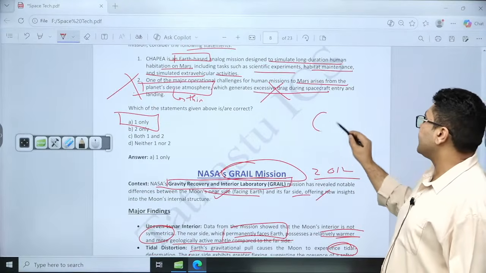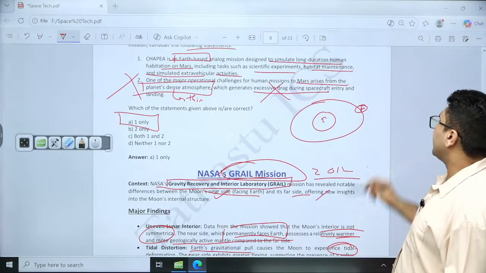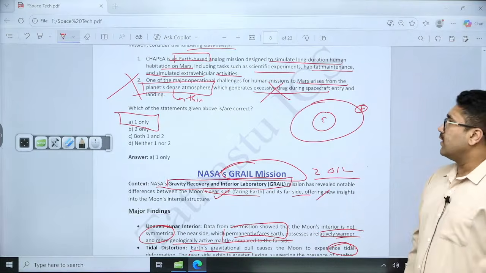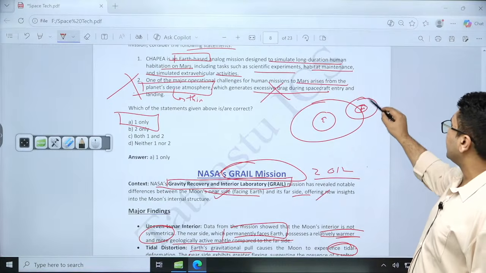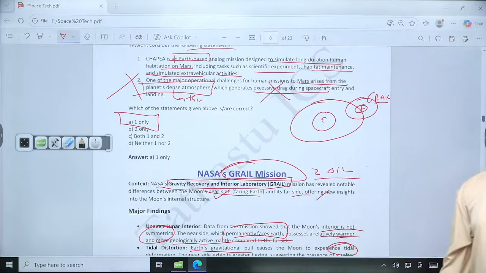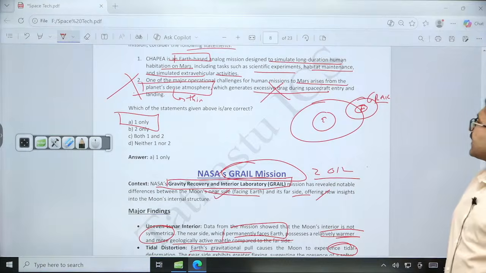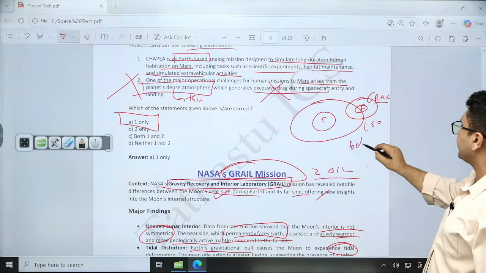so if this is Earth and we have to place a satellite around the moon, for studying the moon we place a satellite known as GRAIL. Now GRAIL will not be placed at the highest altitude of 36,000 kilometers. GRAIL will be placed in a lower orbit for better images.